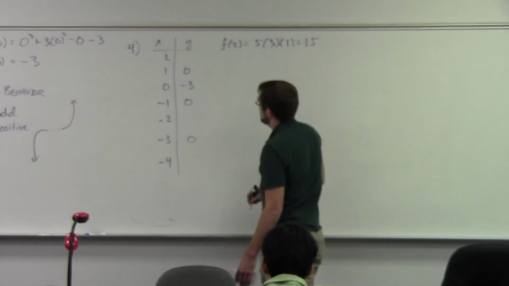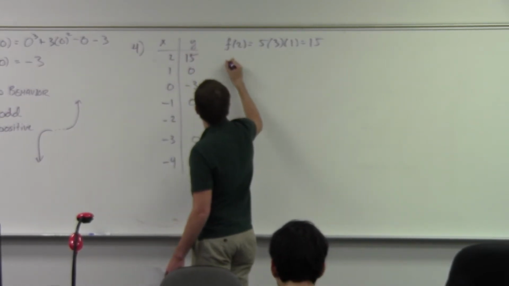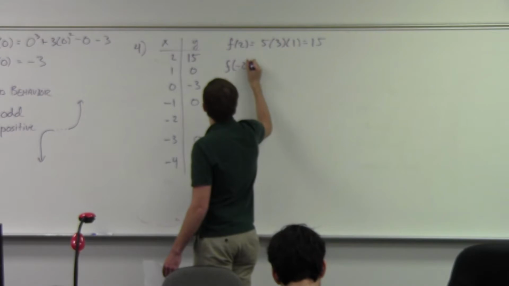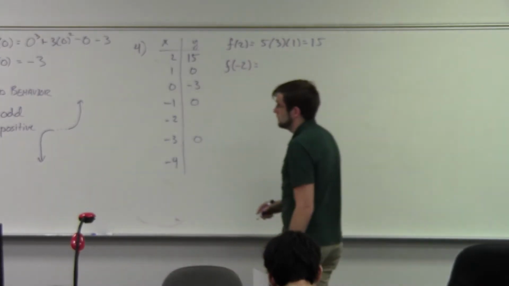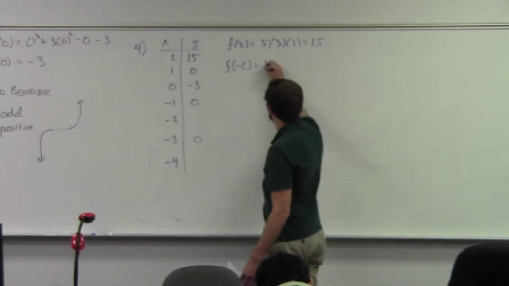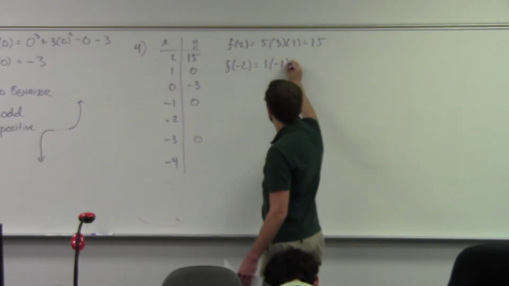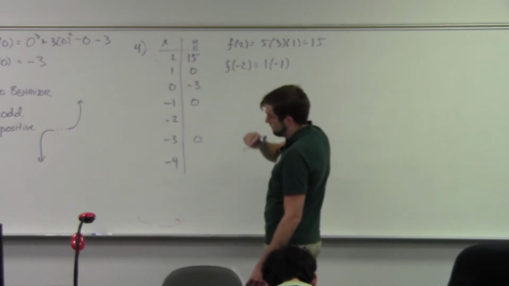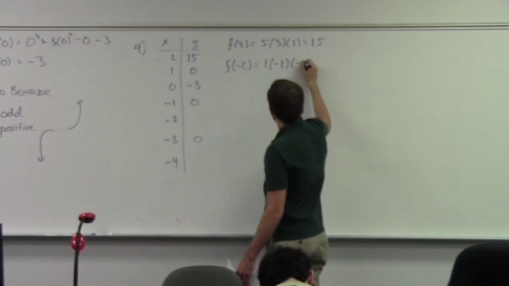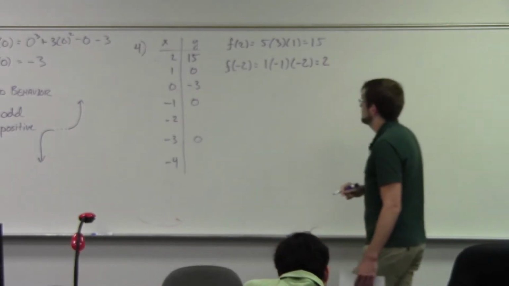So at 2 I have 15. So negative 2. Negative 2 plus 3 is 1. Negative 2 plus 1 is negative 1. And negative 2 minus 1 is negative 3. So that gives me positive 3.